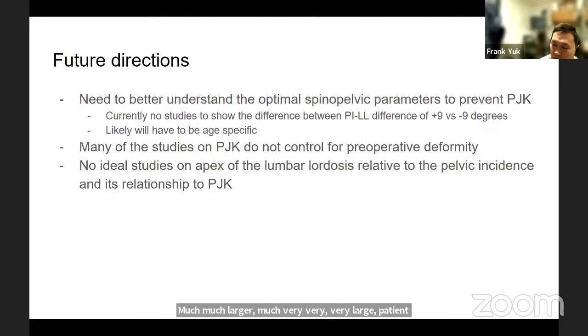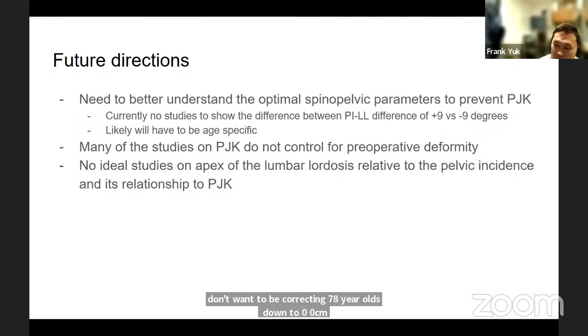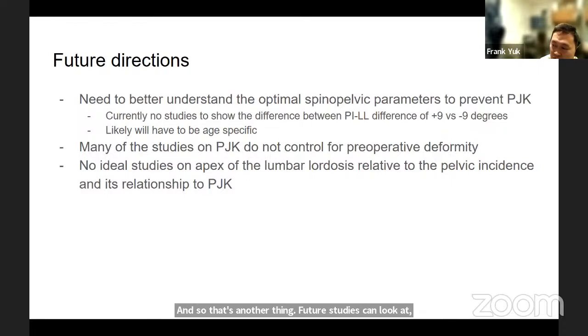We don't want to be correcting 70, 80-year-olds down to 0 centimeters of SVA. Many of these studies on PJK also don't control for preoperative deformity, so that's another thing future studies could look at. And there are no ideal studies on the apex of the lumbar lordosis relative to the pelvic incidence and its relationship to PJK when instrumented very high up.